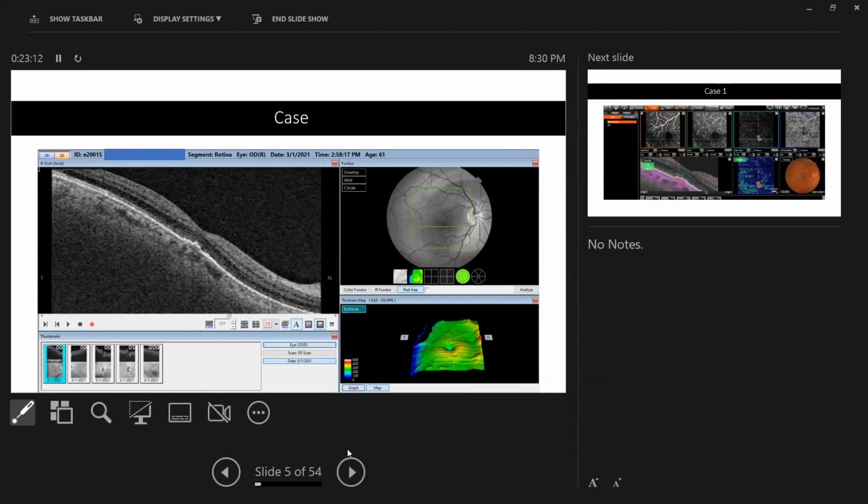Question: the notes in this picture of the PIVAC, is it related to the MacTel or is it different? No, it's different from the MacTel. We will discuss the MacTel in the upcoming courses, inshallah. The MacTel and other retinal diseases that sometimes may be similar to wet AMD or DME, for example, chronic CSC.